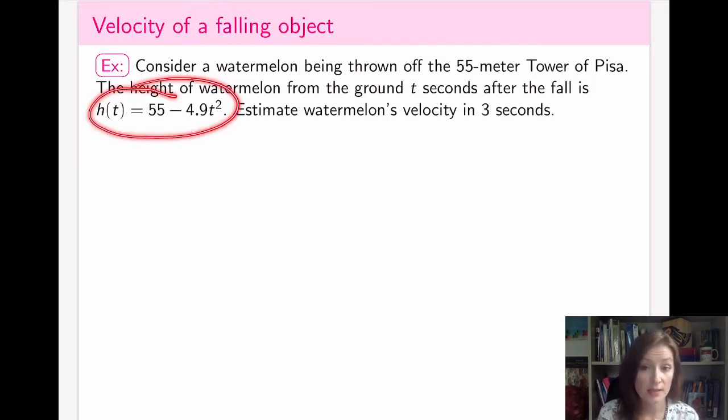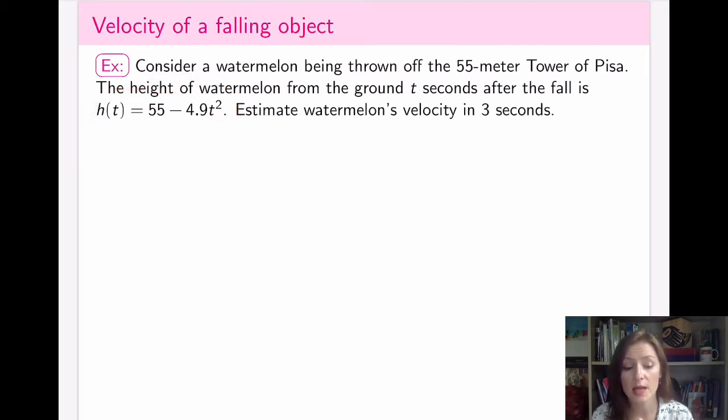So as opposed to the last example where we had a graph, in this example we actually have an analytical formula for it. What we would like to do is estimate the watermelon's velocity in 3 seconds. First of all, let's spend a minute trying to really understand what this function is describing. It's the height of the watermelon from the ground t seconds after the fall.